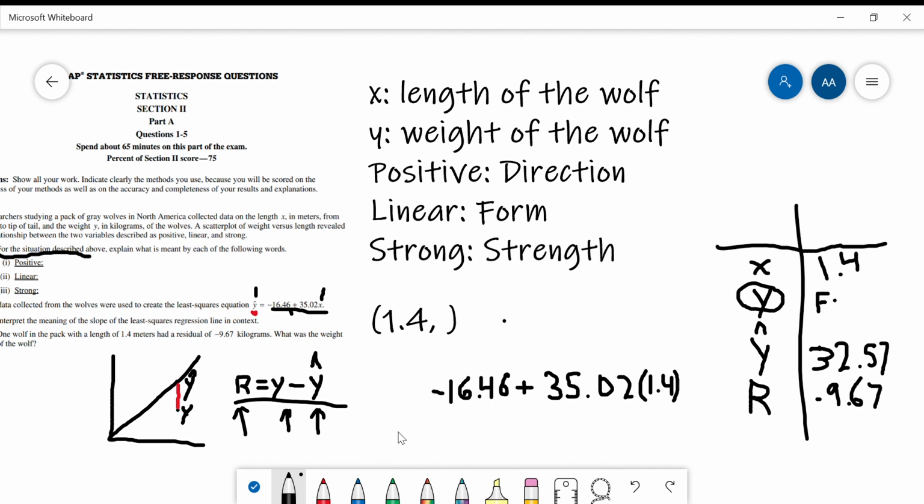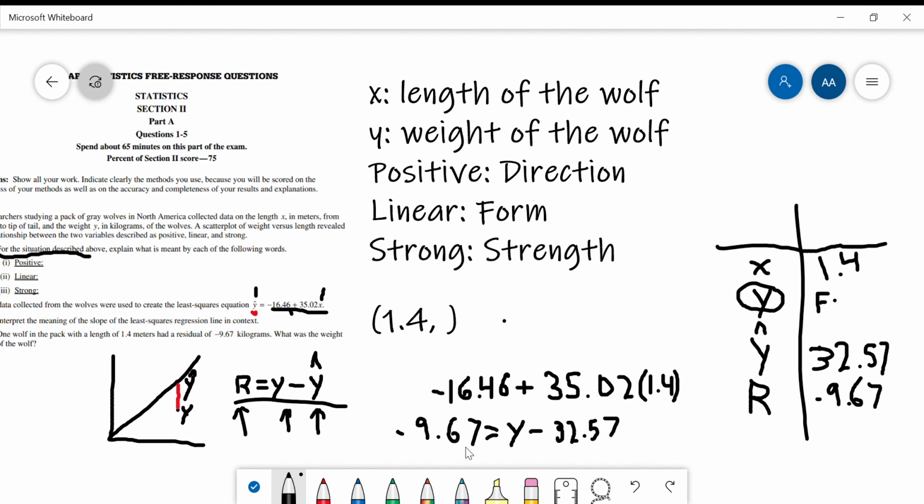So we got negative 9.67 is equal to y minus 32.57.